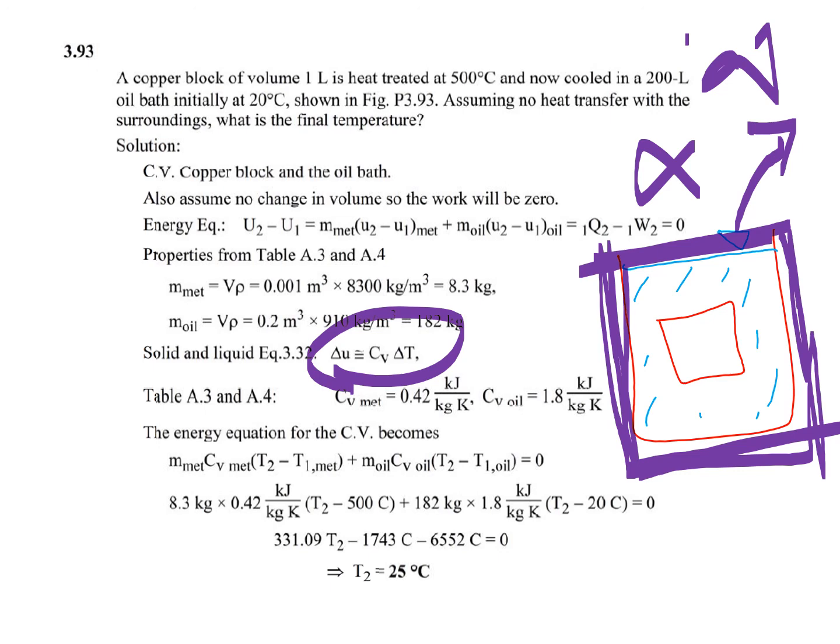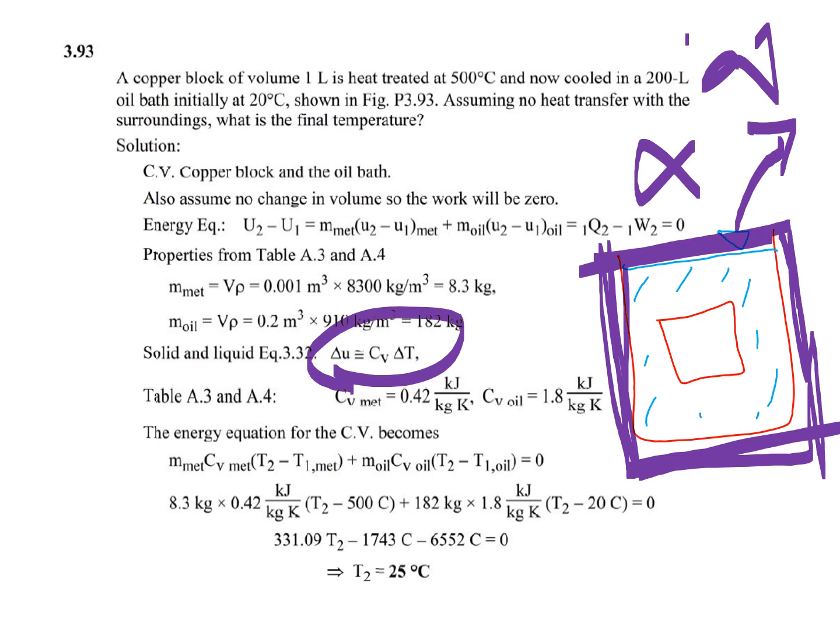So this is the amount of energy that will be used by the oil to raise its temperature to maintain the energy balance. And during this process, we have assumed that the oil does not vaporize or any kind of phase change does not occur in the oil. So we can also use m C_v delta T for the oil as well. Since we know that 200 liter of oil is being used, we already know its volume, and we are going to take certain densities as our baseline.